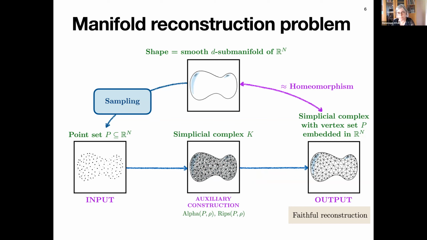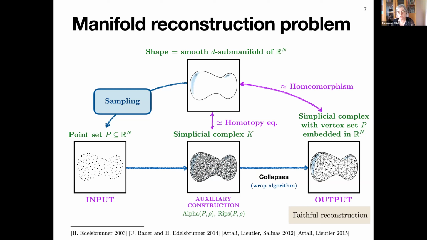And it is known that those constructions under some conditions are able to reproduce the homotopy type of the shape. So starting from those auxiliary constructions, one could try to simplify them until we obtain something that will be homeomorphic to the shape. And typically, one would apply some collapses. For instance, this is the principle of the wrap algorithm proposed by Edelsbrunner to reconstruct surfaces in 3D.